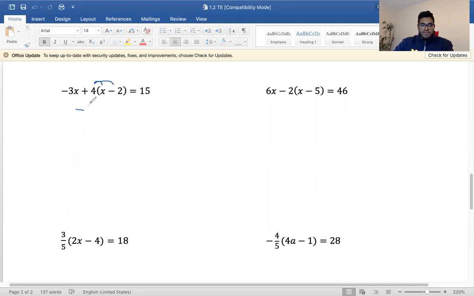So I have negative 3x plus 4 times x minus 4 times 2 is 8, minus 8 equals 15. Same thing, can I combine the like terms? This negative 3x and this 4x can combine to make 1x or just x. Minus 8 equals 15.